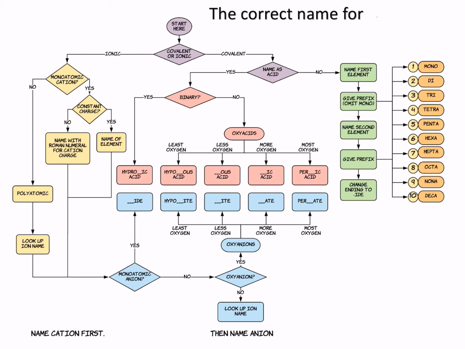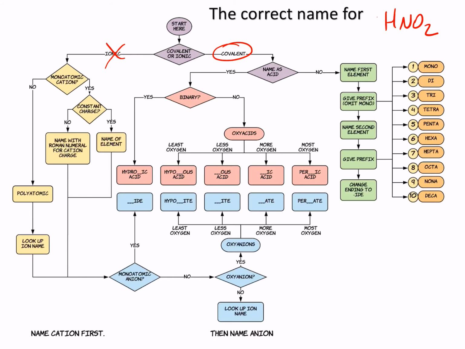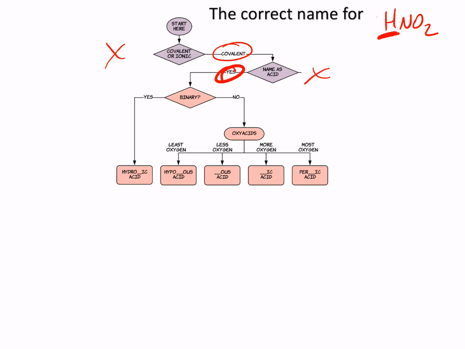Now, how about we name something else here? How about we name HNO2? In this case, can we identify this as an ionic compound? Well, it is not possible to do that because there is no metal here, so it's not ionic. It's a covalent compound, so we can forget about being ionic. Is it named as an acid? Well, you have hydrogen here, so that suggests we can forget about this side, and we can forget about the rest of the diagram.